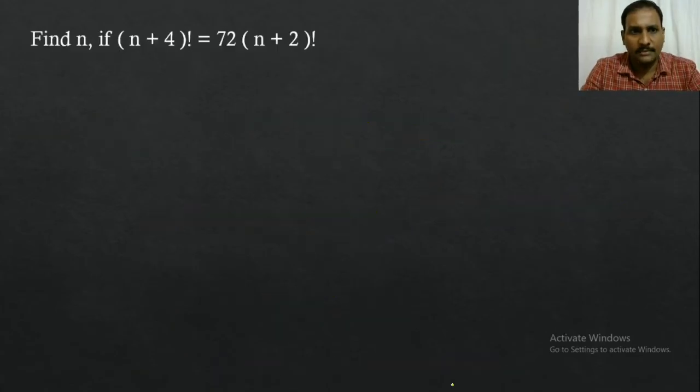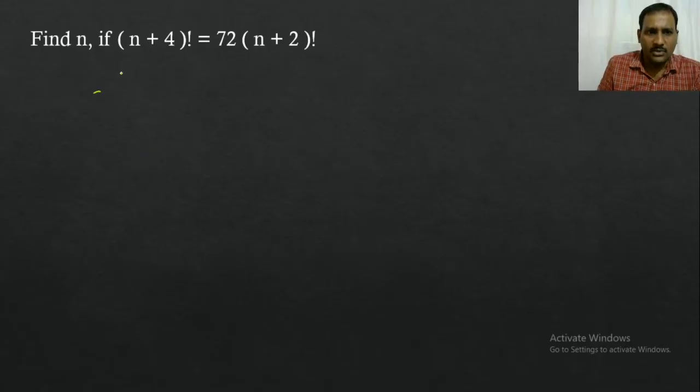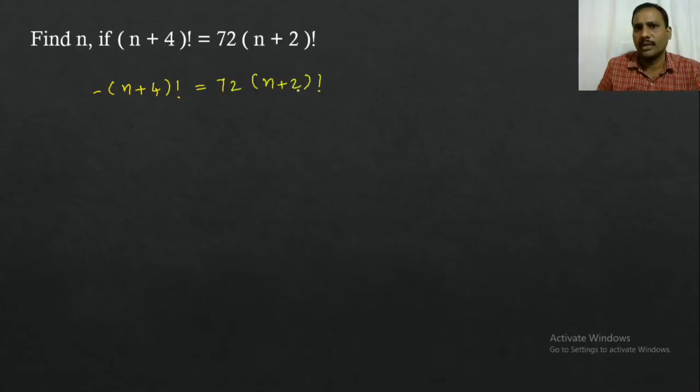Okay, next. Find n if n plus 4 whole factorial is equal to 72 into n plus 2 whole factorial. So n plus 4 factorial can be written as n plus 4 into 1 less than n plus 4, n plus 4 minus 1, that is 3, into n plus 2 factorial, equal to 72 into n plus 2 factorial.